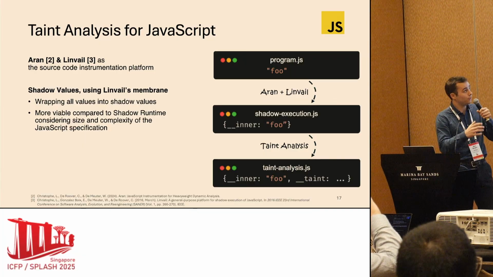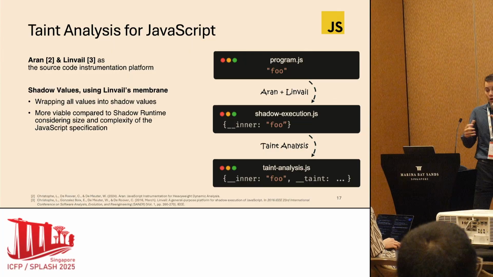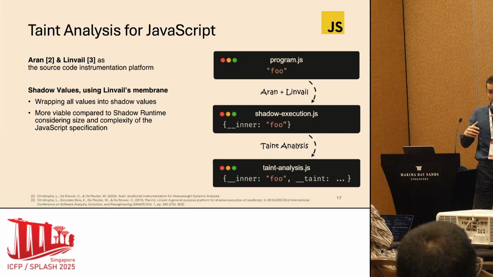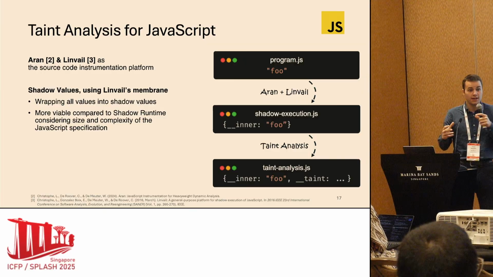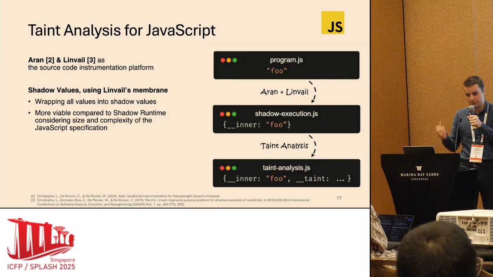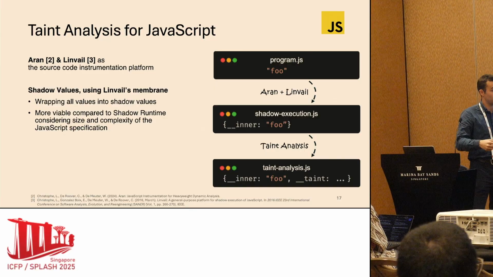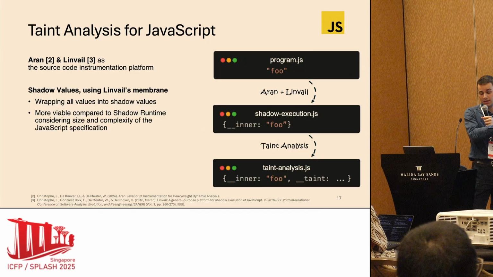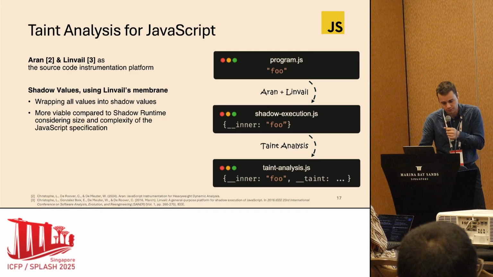So for example, on the right-hand side, you can see an uninstrumented program which would have the value foo. Well, the shadow value representation of the value foo would be essentially an object that has an inner field, which is still that value, but that object is then, with our taint analysis implementation, also augmented with a _taint field, in which we can keep track of the taint of that value.